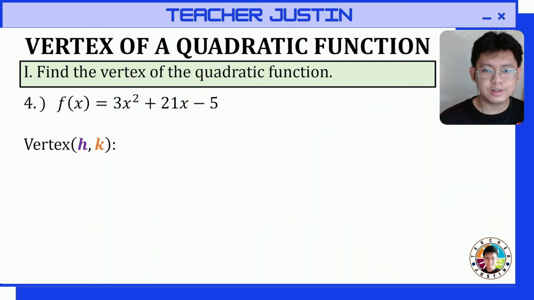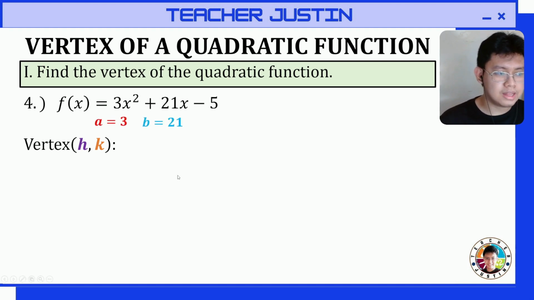Okay, let's solve for the vertex of this quadratic function. So, we have here f of x is equal to 3x squared plus 21x minus 5. So, ang first step natin in finding the vertex of our quadratic function is to identify the values of a, b, and c from our standard form. So, yung a natin dito is 3, yung b is 21, and yung c natin is negative 5.